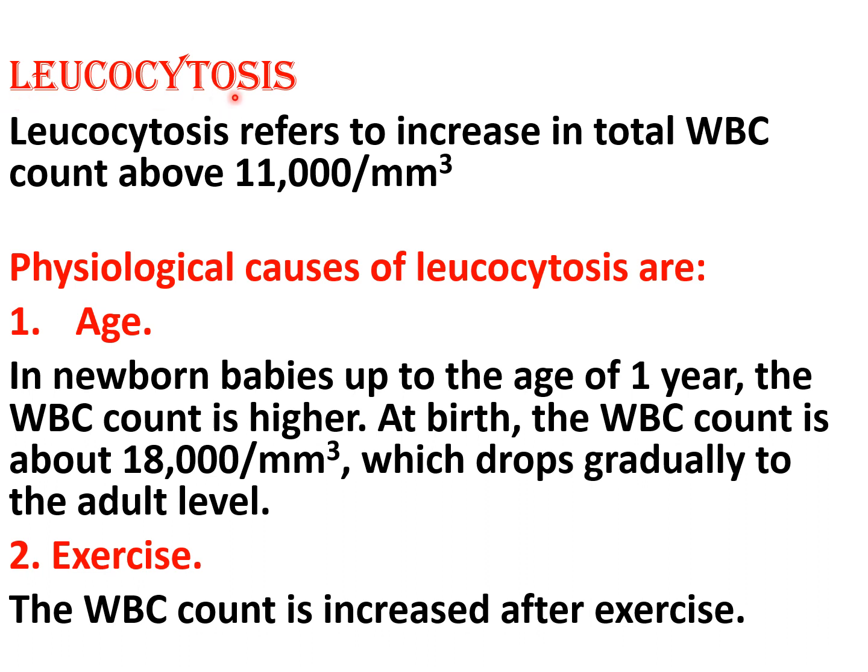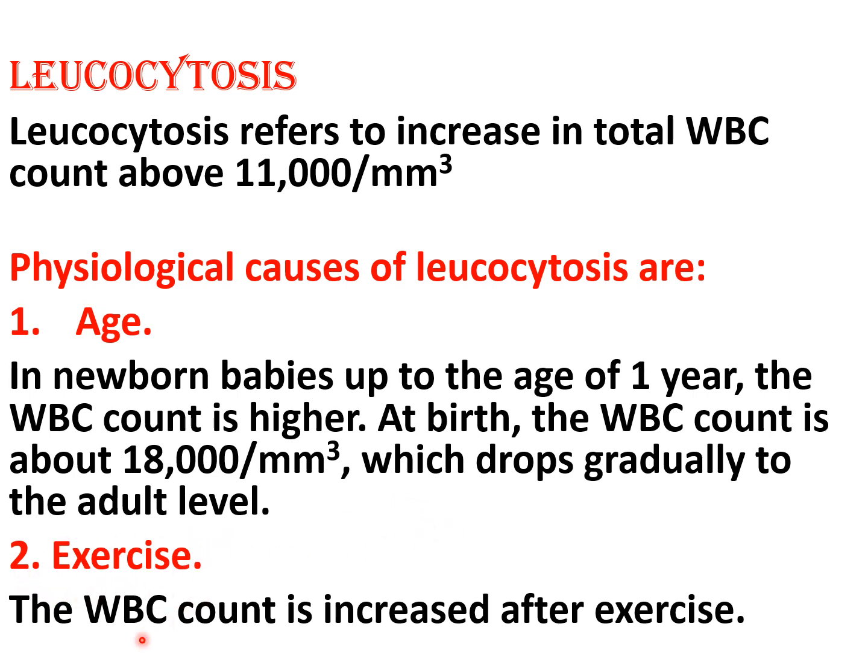Now leukocytosis. Leukocytosis refers to an increase in total WBC count above 11,000 per mm cube. Then what are the causes of leukocytosis? First of all, age. In newborn babies up to the age of 1 year, the WBC count is higher, and at birth the WBC count is about 18,000 per mm cube, which drops gradually to the adult level.